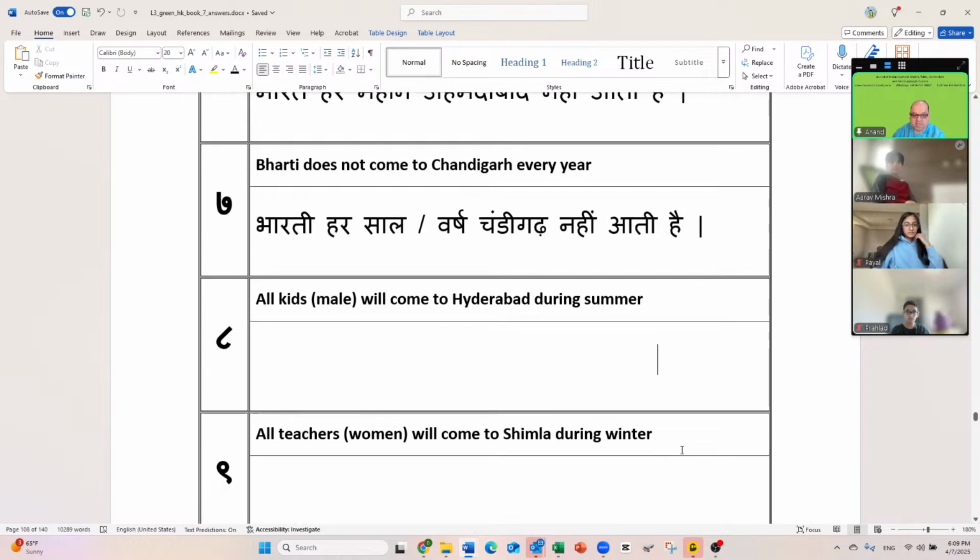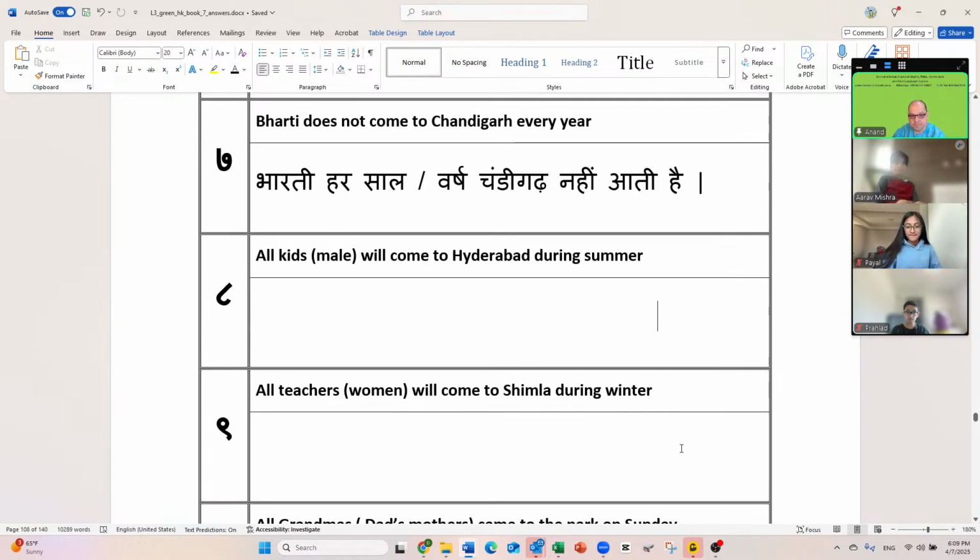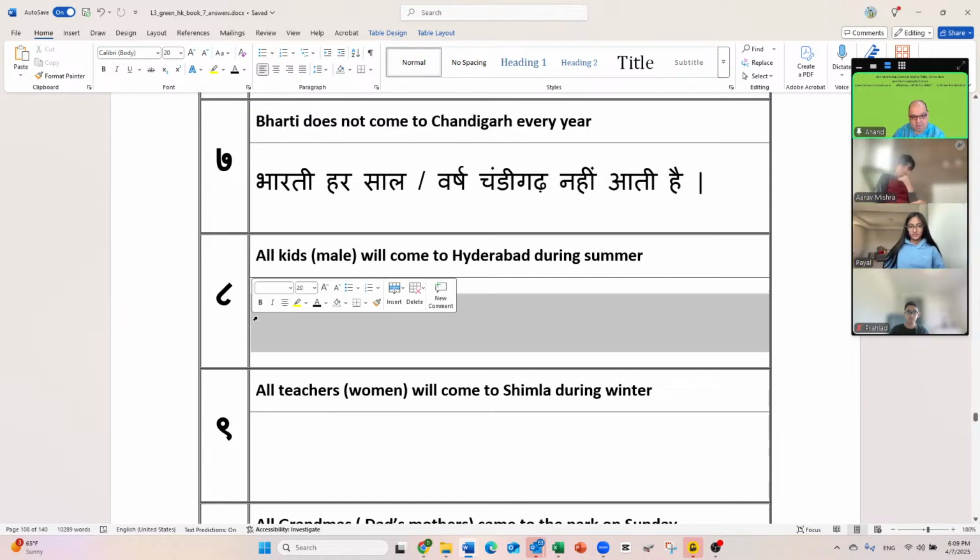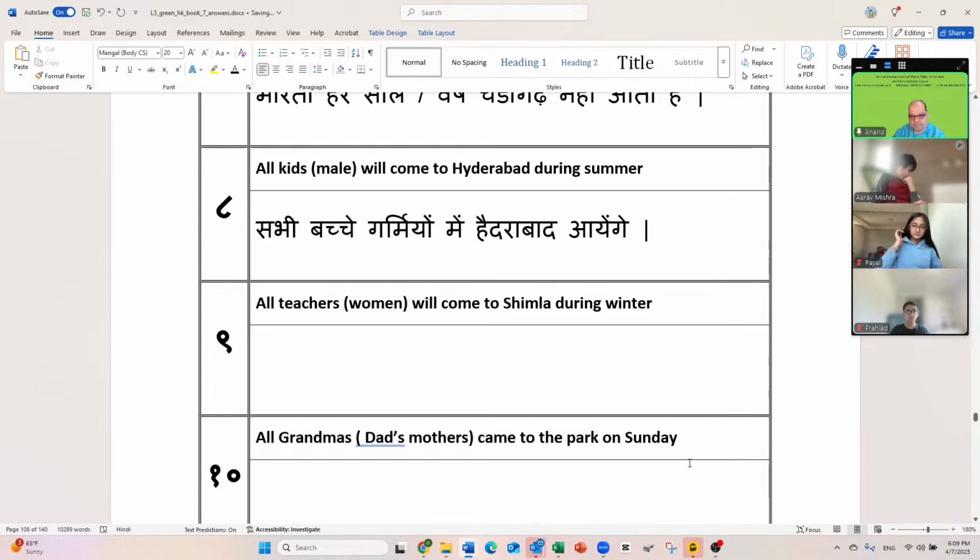Okay, Payal, give me the next sentence. Read English and then give it to me. All kids will come to Hyderabad during the summer. सब बच्चे गर्मी में हैदराबाद आएंगे. Very good. Now you could say गर्मी में or you could say गर्मियों में. गर्मियों में is more correct, but गर्मी में is acceptable.